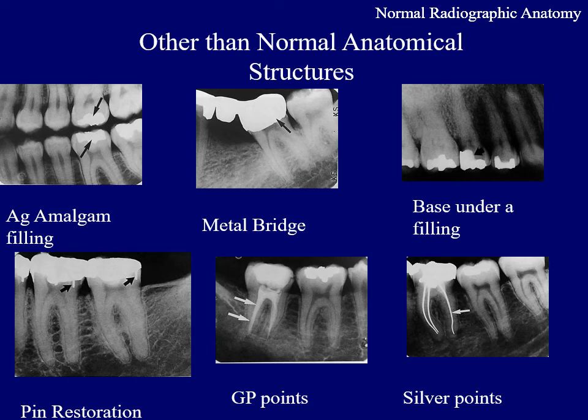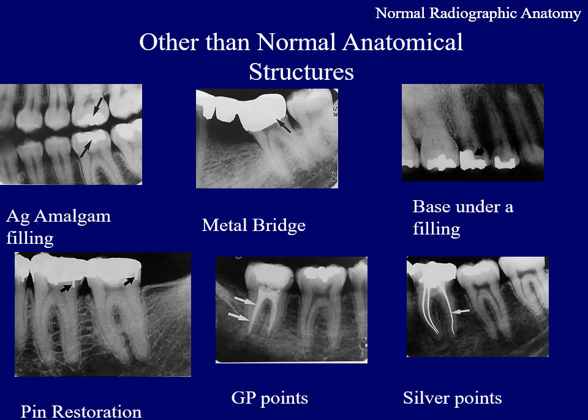Other than the normal anatomical structures, we see some of the restorative materials used in dentistry, and we'll discuss how they appear on intraoral periapical radiographs. The first one is silver amalgam filling as shown within black arrows. Silver amalgam filling appears completely radio-opaque or white. Coming down to the second image, that is a metal bridge.